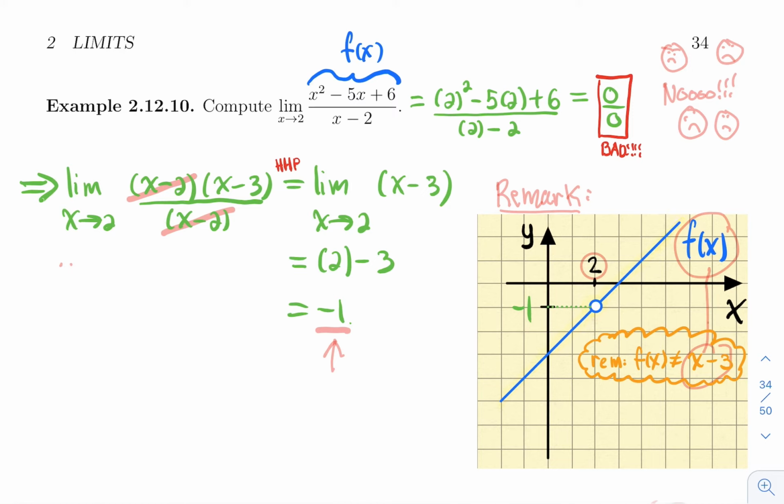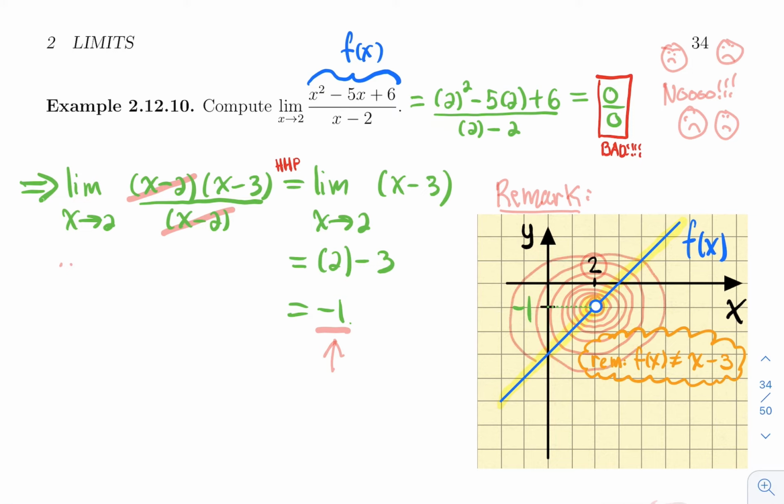Well, the full line would just go through like this, but they're almost the same, except for that hole at x equal 2 and y equal minus 1.